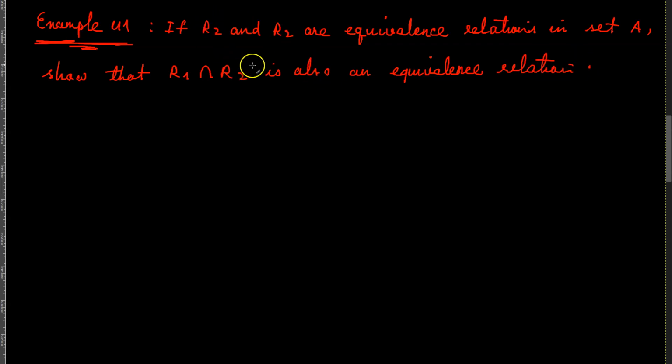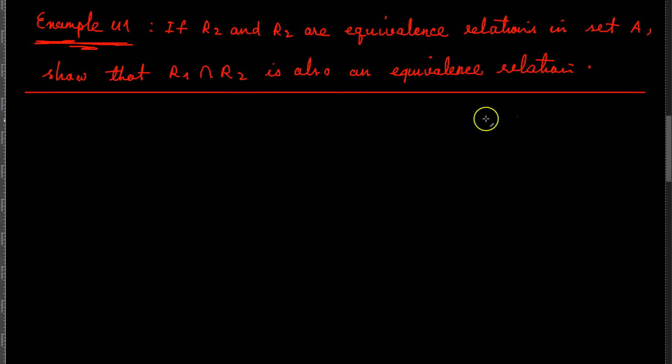So what we need to understand here is what is an equivalence relation. We said before that an equivalence relation is a type of relation. Let me take a look at the definition.